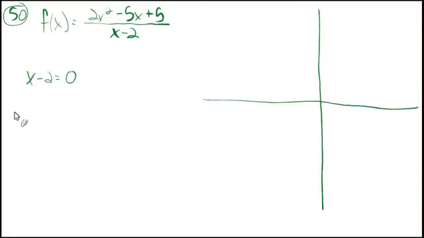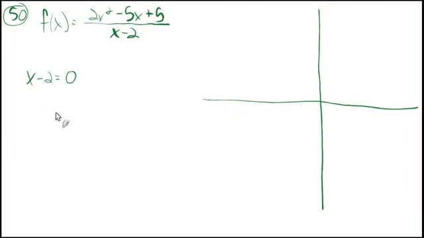So in order to find out, just really quickly, if the numerator has a factor of x minus 2, I should be able to do synthetic division and come out with a remainder of 0. Let's just try it real quick. 4, negative 1, and negative 2. That is not a 0, so x minus 2 is not a factor of the numerator, and so that tells us that it is a vertical asymptote and not a hole.